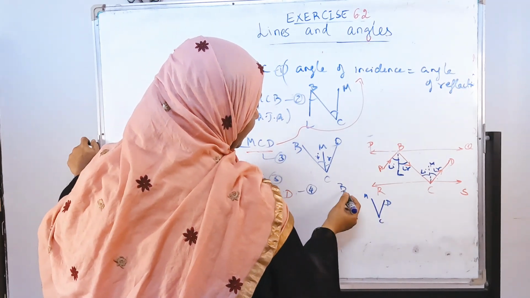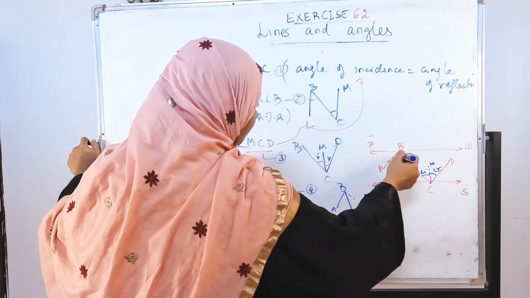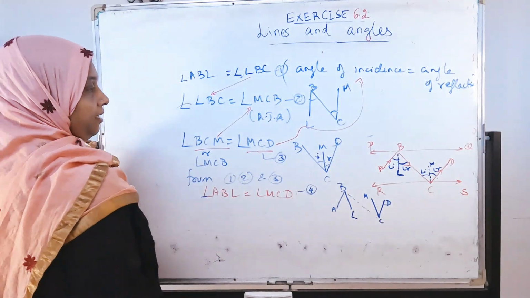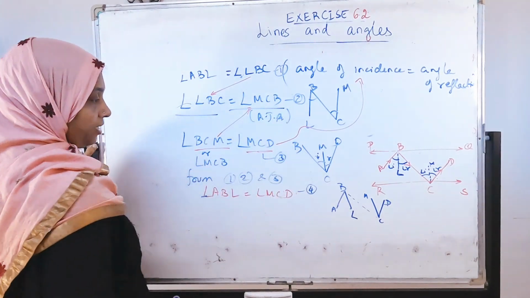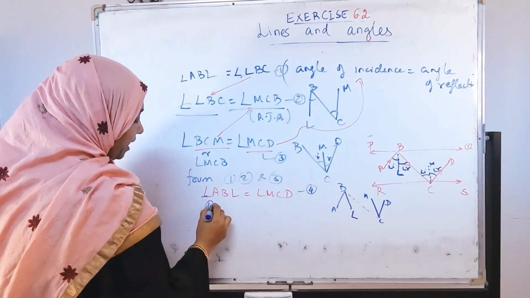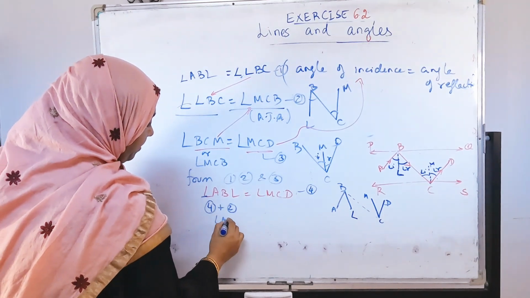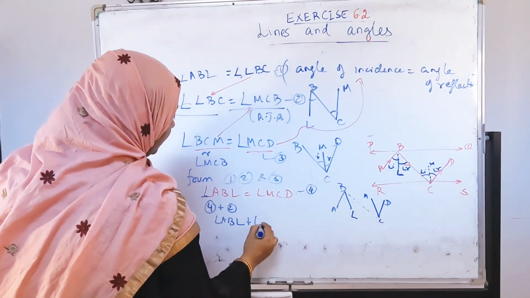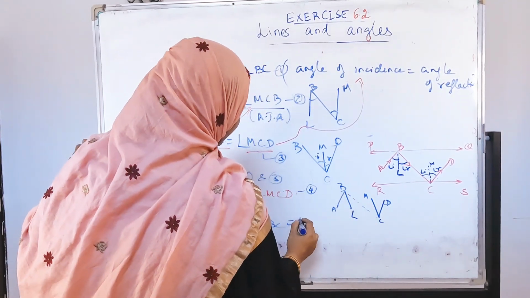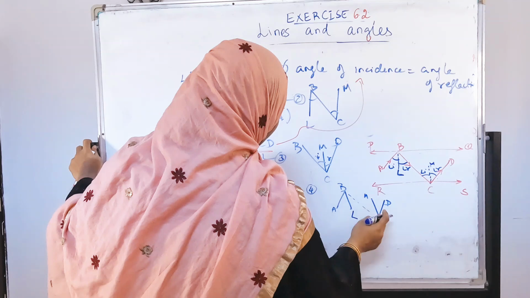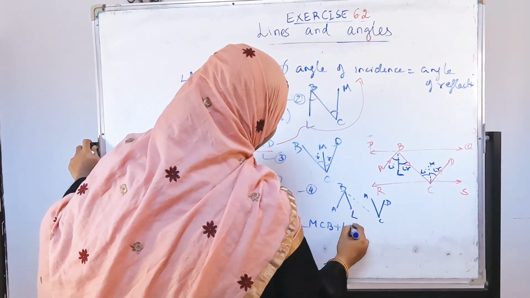To connect this one here we need what? LBC as well as MCB. We are having LBC and MCB in this second part. So we will add 4 and 2. Angle ABL plus angle LBC is equal to angle MCB plus angle MCD.